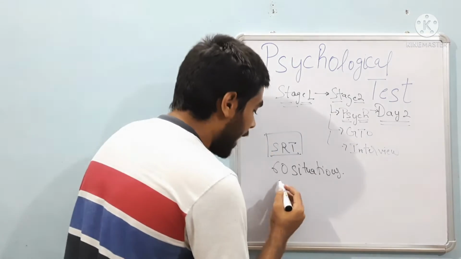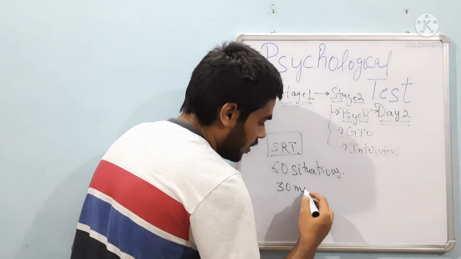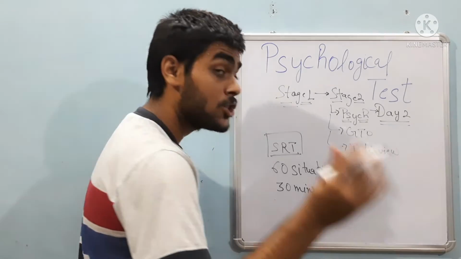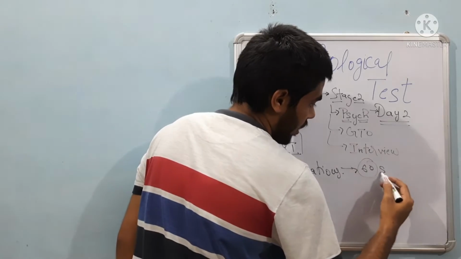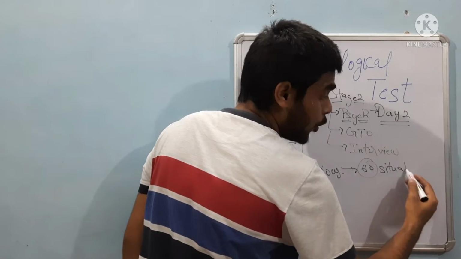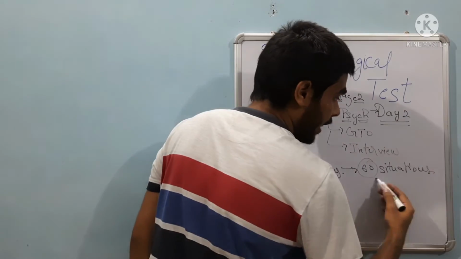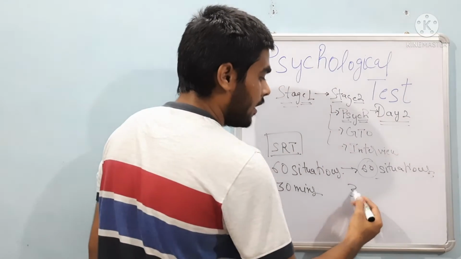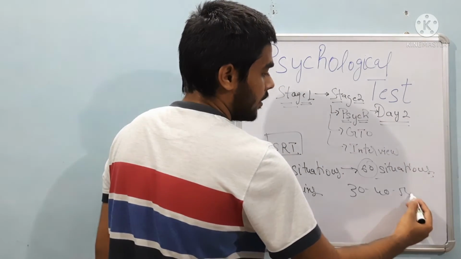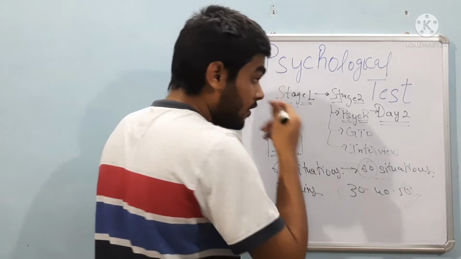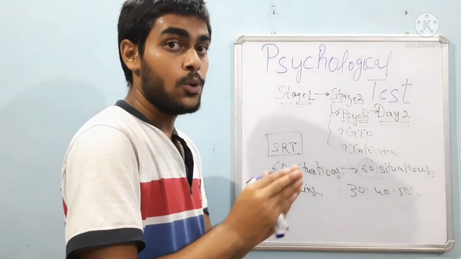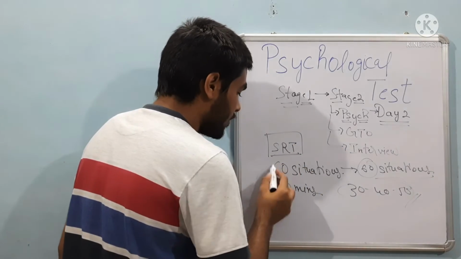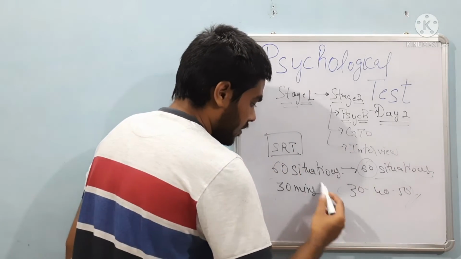You will get a time of 30 minutes for writing your responses to 60 situations. According to your capabilities, you can finish all, or 30, 40 or 50. There is no time limit for one situation; you have full time for 60 situations, that is 30 minutes.